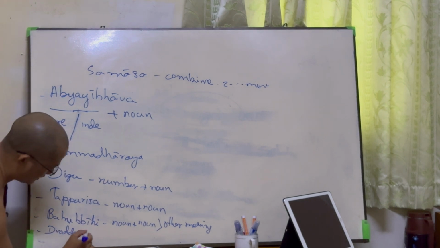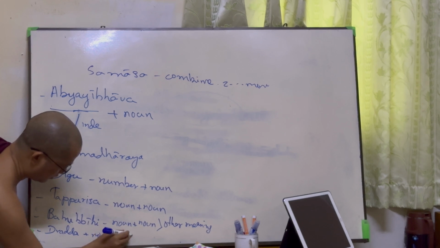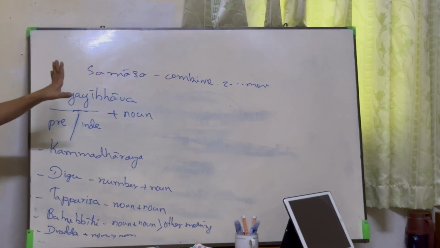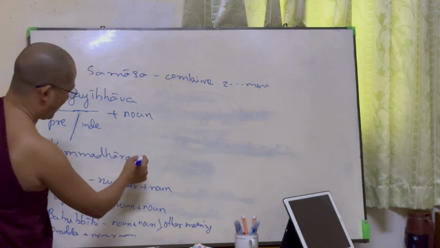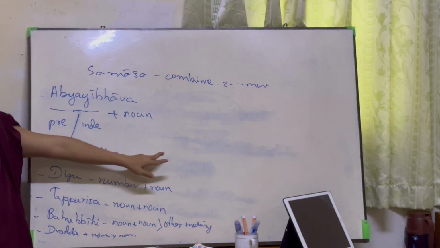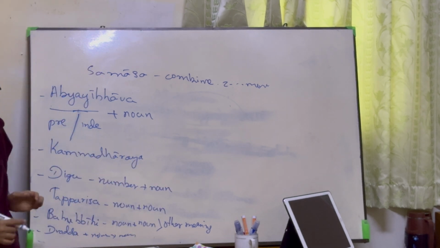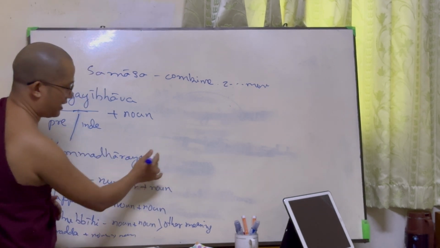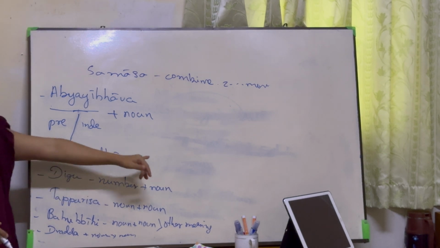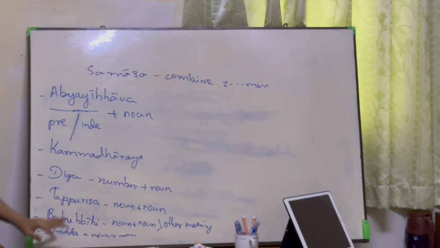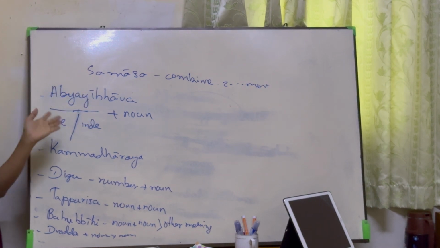Dvanda is also noun plus noun. Therefore, firstly I said noun plus noun is 75%. Here, Kamma Dharaya is also one we analyze many times, at that time adjective plus noun. We are familiar with Mahapurisa, which is adjective plus noun. Therefore, generally when we talk about the Samāsa, we say noun plus noun.